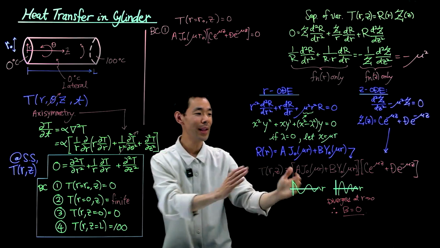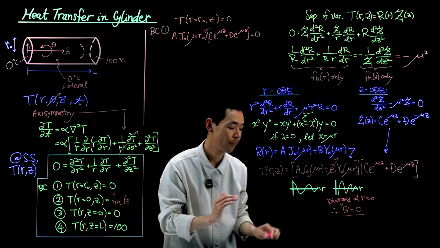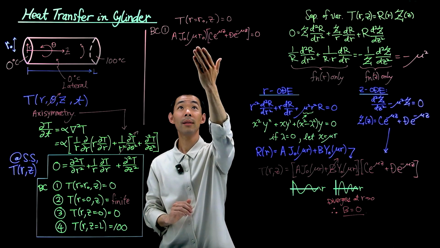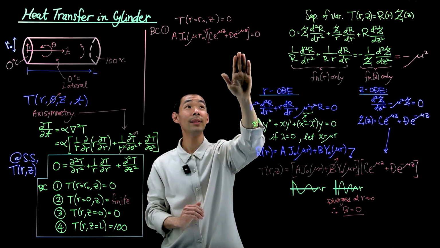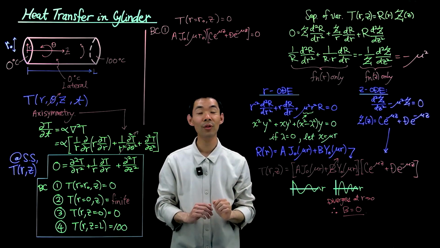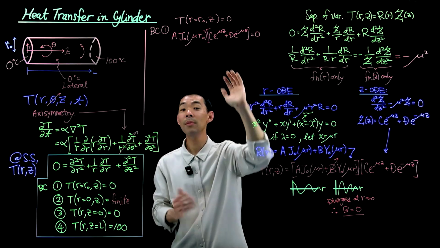Therefore, we take the solution that we have. Again, now b is gone. We just have a J0 of mu times r naught times all the dependencies on z. That must be equal to 0. The only way we can make this true for all z is you have to remove this term somehow.